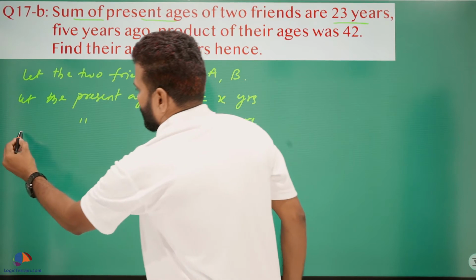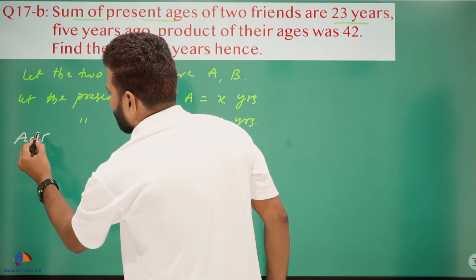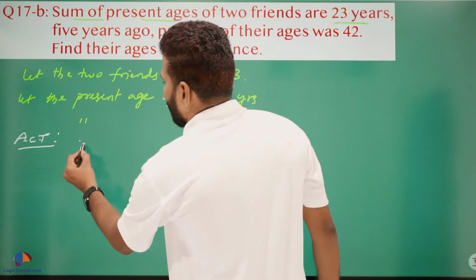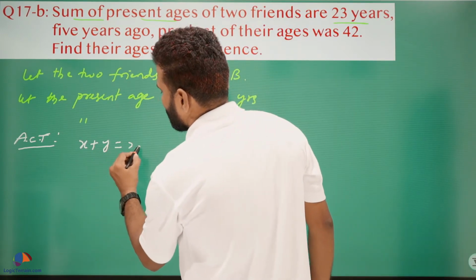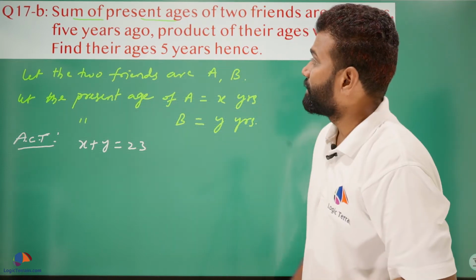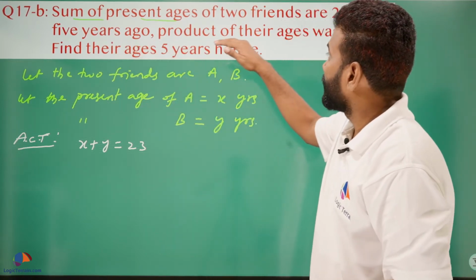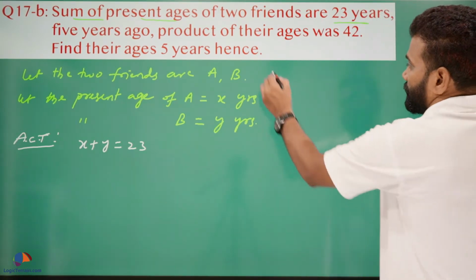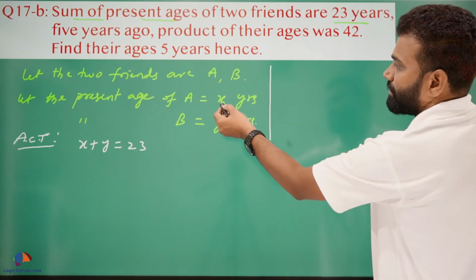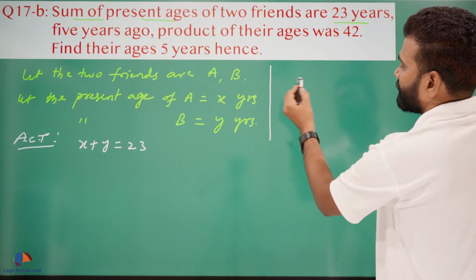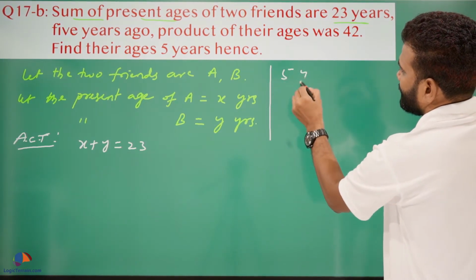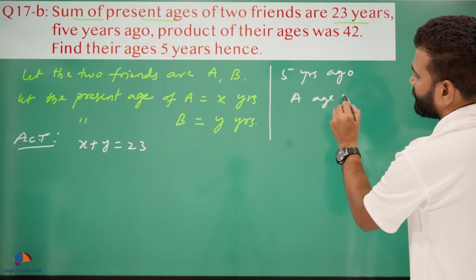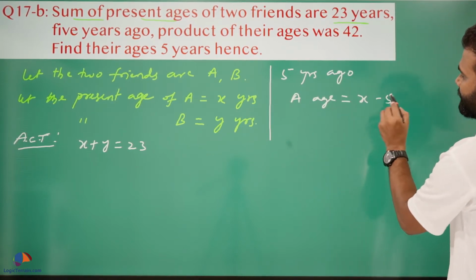So according to the question, X plus Y is equal to 23, and 5 years ago the product of their ages was 42. So 5 years ago, what will the age of A be? 5 years ago A's age is X minus 5 years, right?